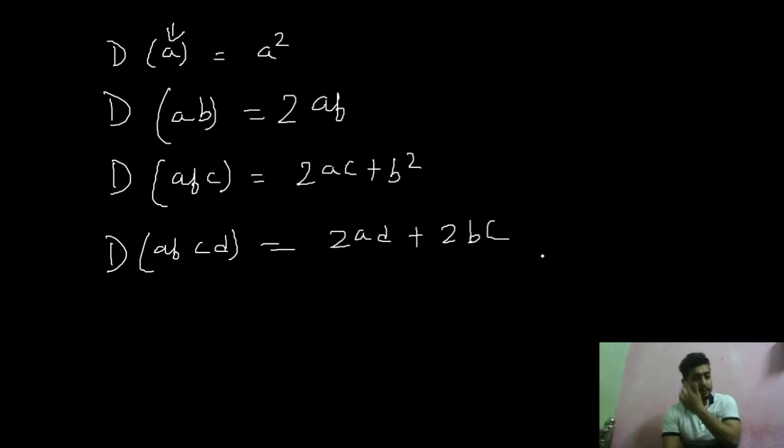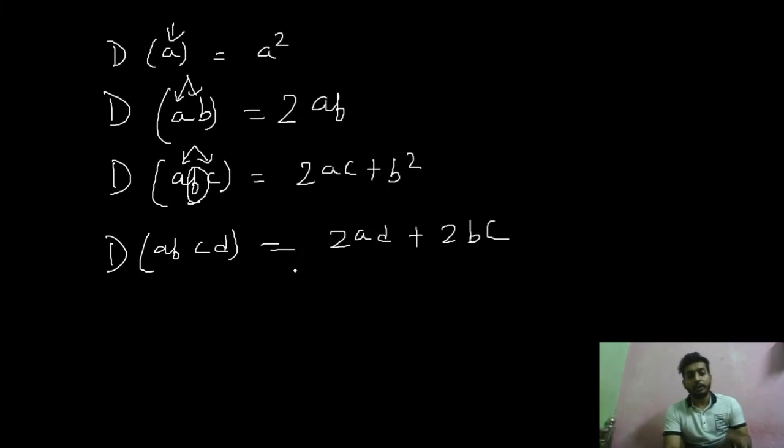What is the pattern? If it is a single digit number, then the duplex of the number will be A square. If it is a two digit number, then the duplex will be the product of the digits multiplied by 2. If it is a three digit number, then the duplex will be the product of the extremes multiplied by 2, plus the square of the middle number, that is B square.